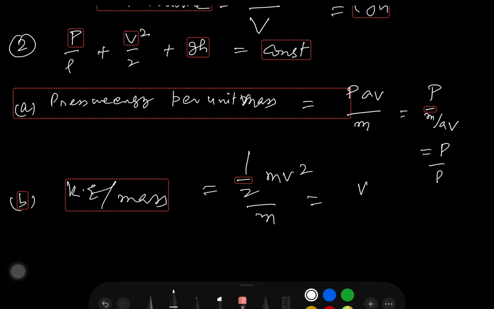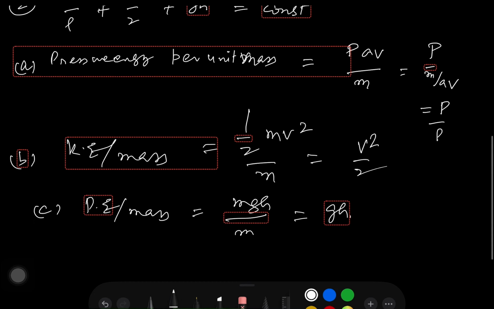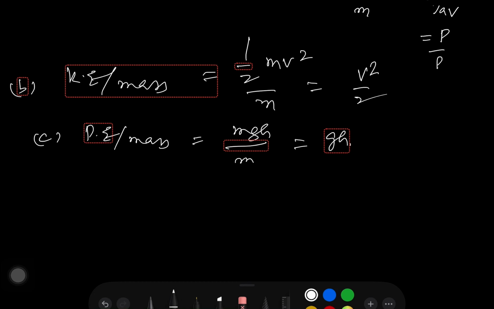This V square by 2 is kinetic energy per unit mass. Let us see how it comes. Half mv square upon m, and here it comes v square by 2. See, potential energy per unit mass: mgh upon m. So here it comes gh.